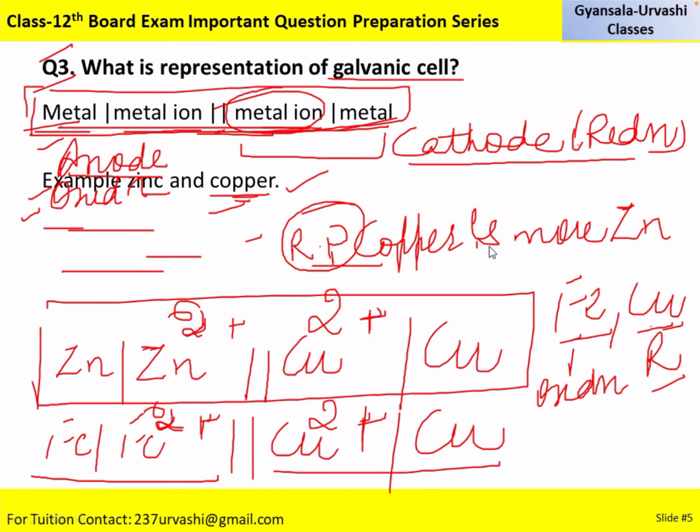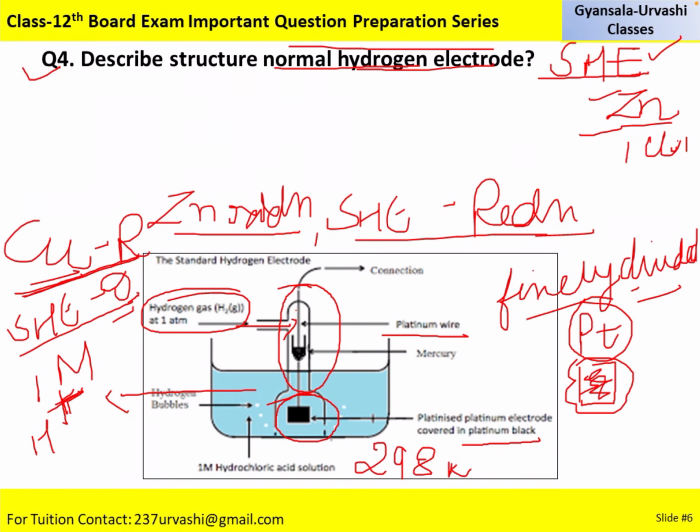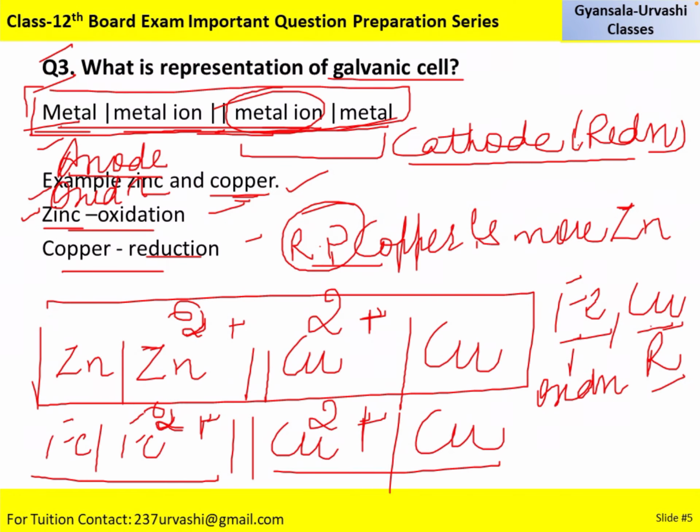After that we came to the discussion of the galvanic cell, and in the galvanic cell we learned about the representation. The metal and metal ion is for the anode part, and metal ion and metal is for the cathode part. We then discussed one example related to zinc and copper. Another example was iron and copper.